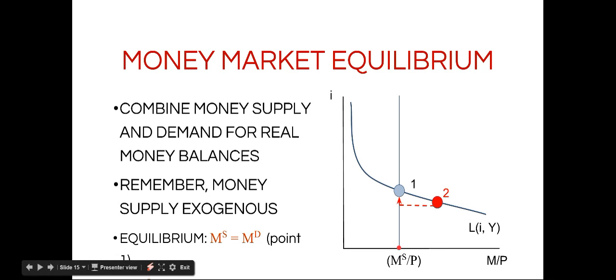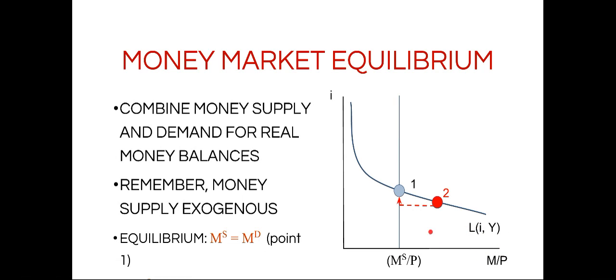It depends on what the central bank wants to do. So it's just a vertical line as a function of interest rate, because it doesn't change no matter what the interest rate is. And so here, in this case, point 1 is an equilibrium, where money supply is equal to money demand. The price level is the same for both. Or you can say the money supply divided by price level is equal to the real money balances.